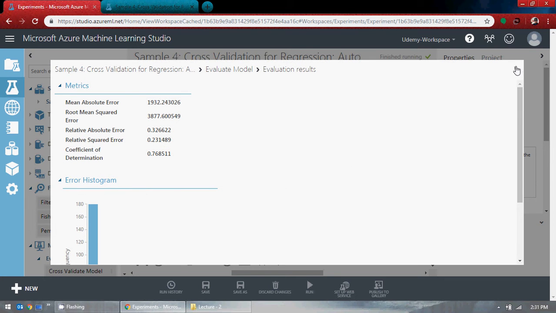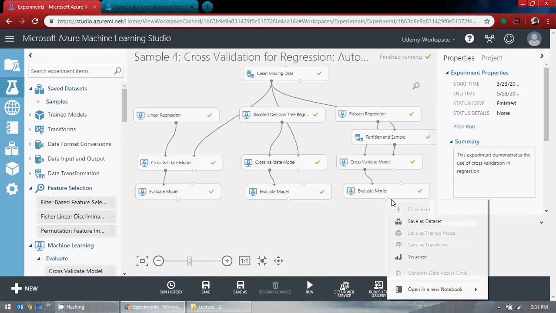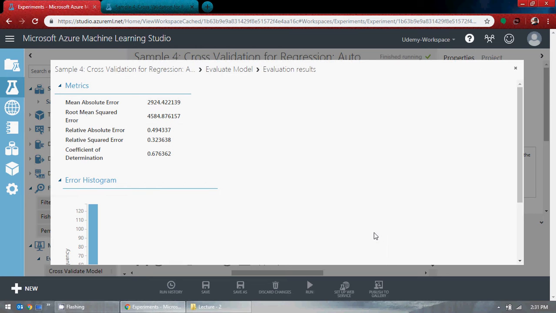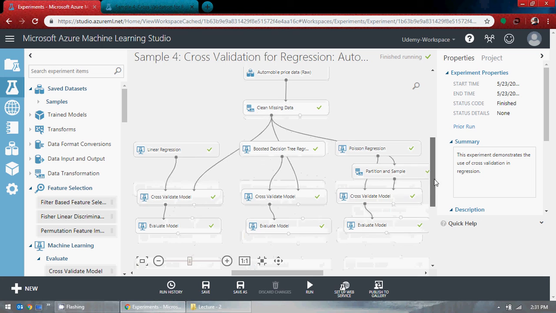Okay, 1932.2430. Let's find out if these values will not be the same. As per my knowledge, that's right. Values will not be the same, because what's happening here is we are doing the cross validation for regression, trying to evaluate that model and viewing those graphs.